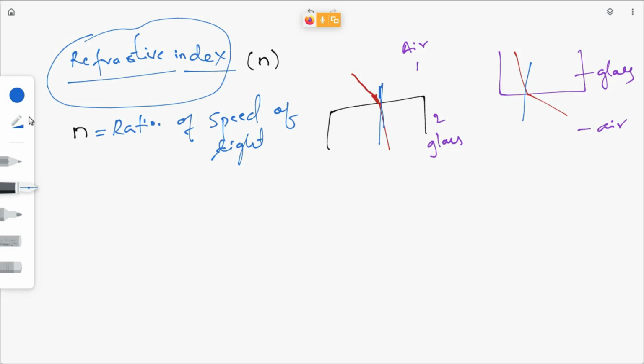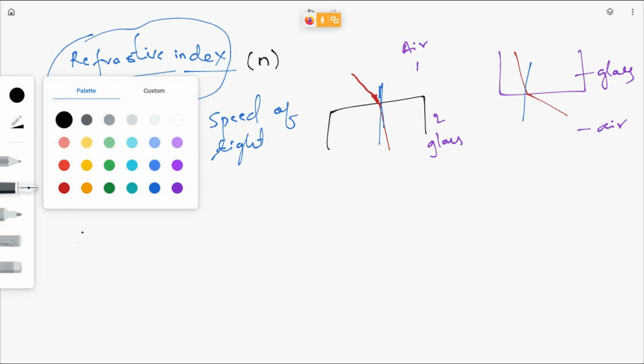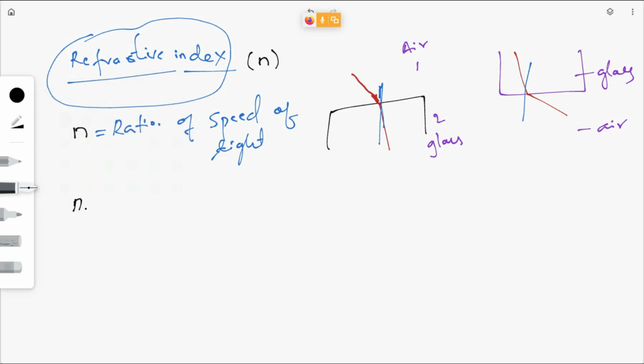So now if I write n21, how to read this? N21 is the refractive index of medium 2 with respect to medium 1. All of you read it again.